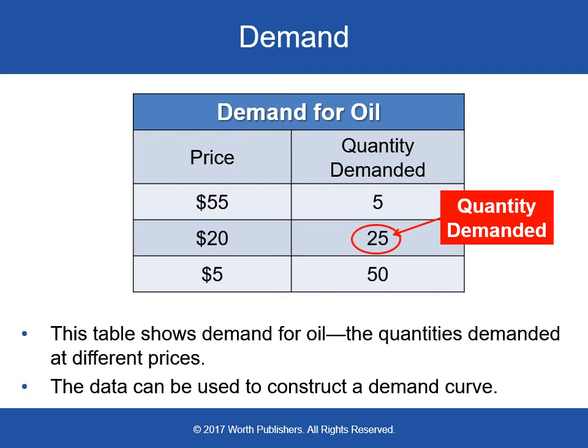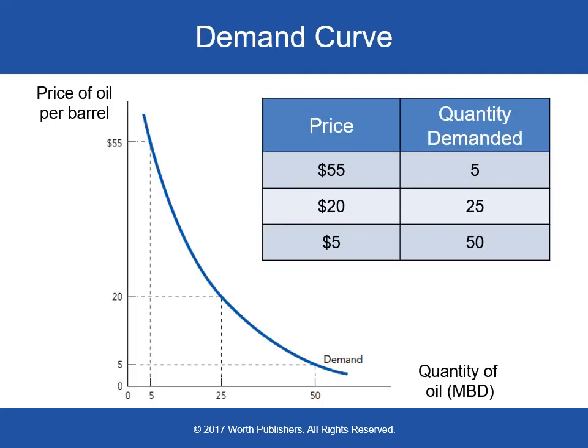Now, this sort of data can be used to construct a curve called the demand curve. So this diagram is the visual representation of the relationship between the price of oil per barrel and the quantity of oil demanded.